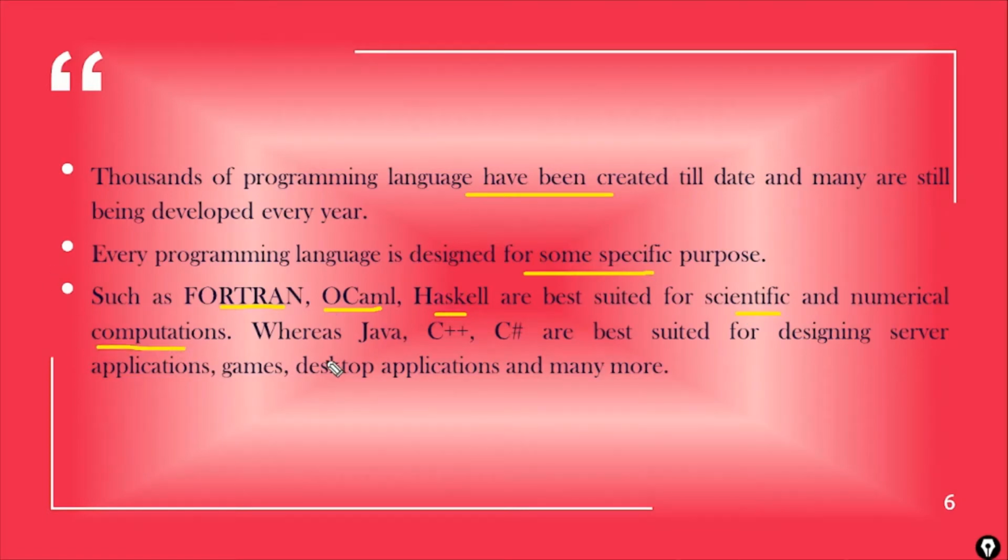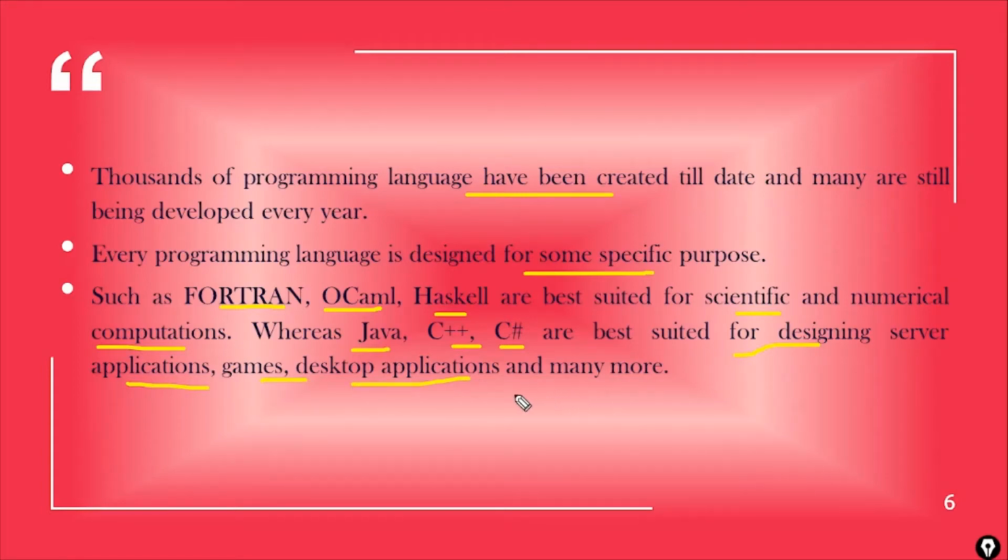Like that, Java, C++ and C#, which we read as C sharp, are best suited for designing server applications or internet applications, and also games, desktop applications and many more.